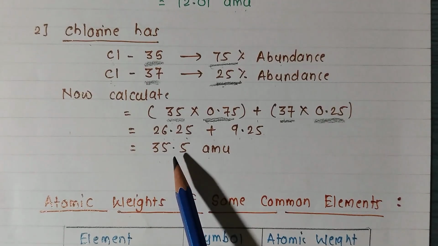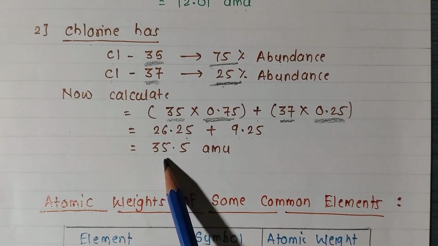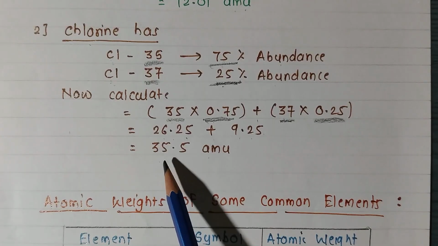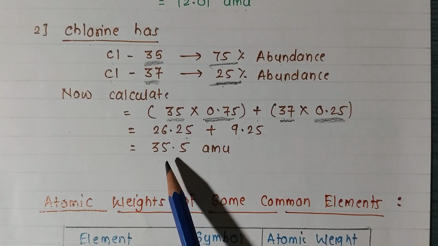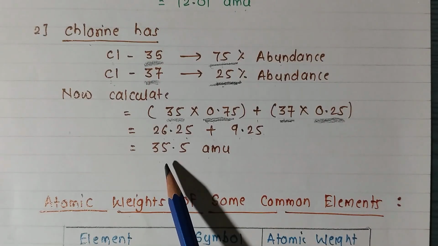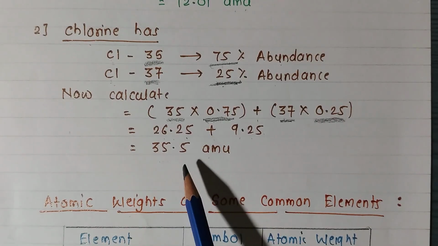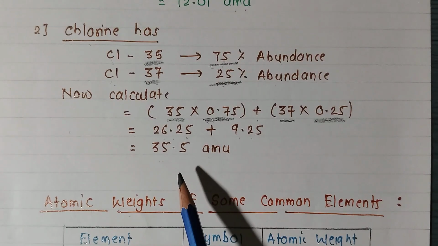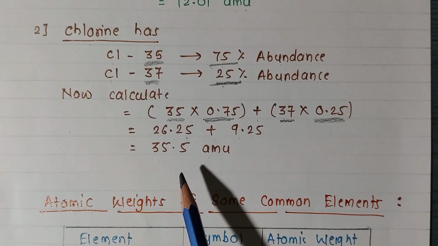So when we see the atomic weight for the isotopic form of an element, it appears in decimal form. So why this decimal? Most atomic weights are decimals because elements exist as a mixture of isotopes and each isotope contributes differently.